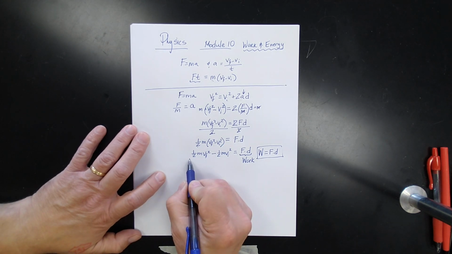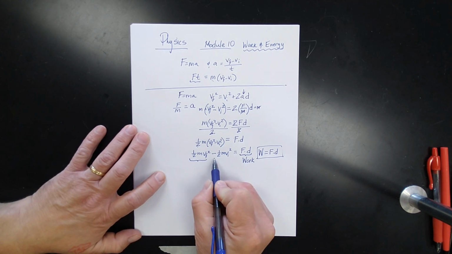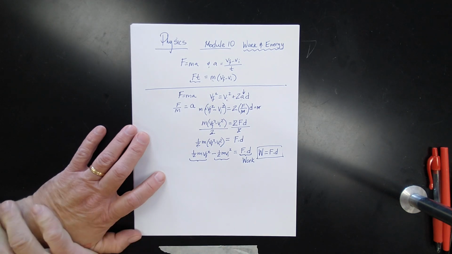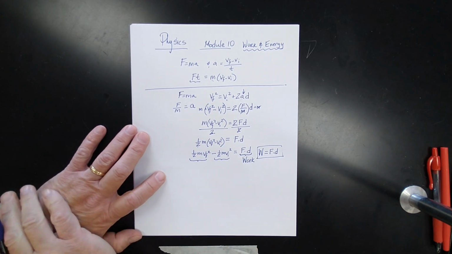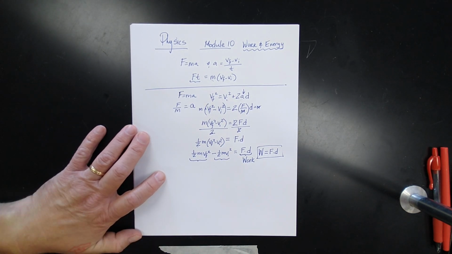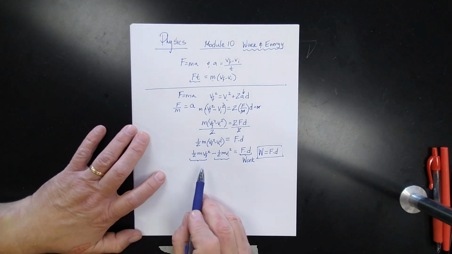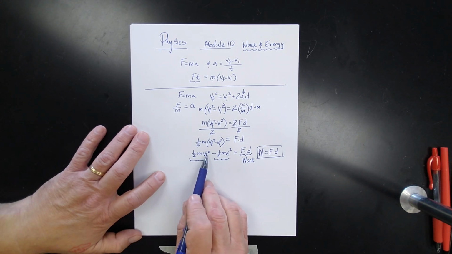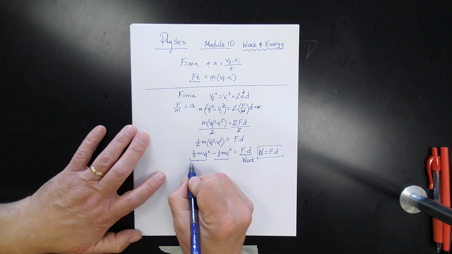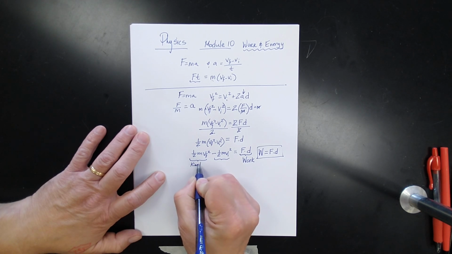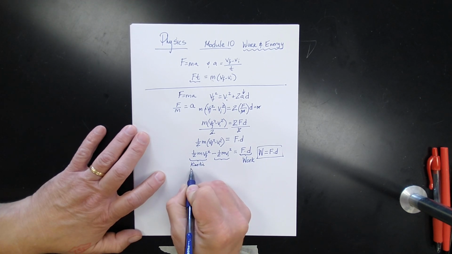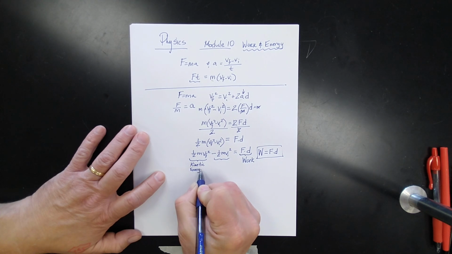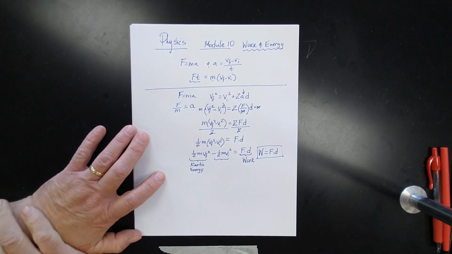And then these right here, this 1/2 mv squared, you didn't learn that equation in 5th grade or middle school, probably, but that is something that you did learn about, the word for it. 1/2 m times v squared is kinetic energy.